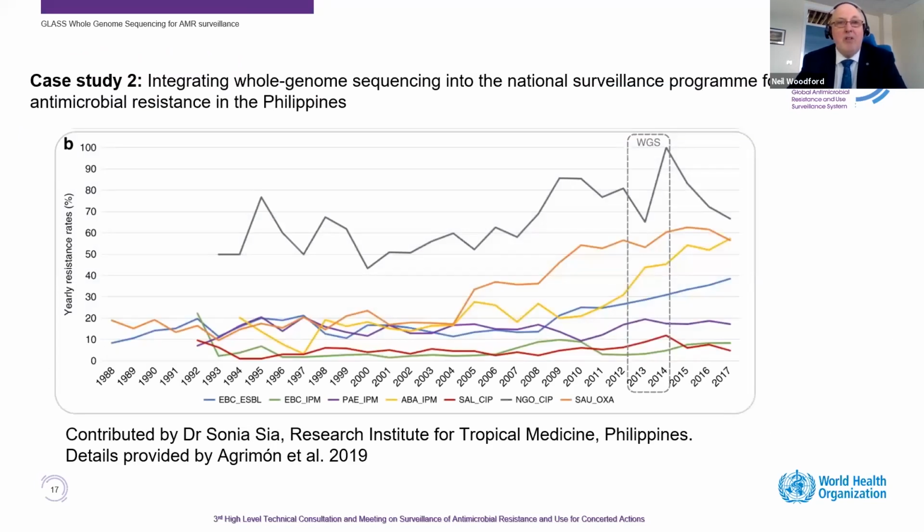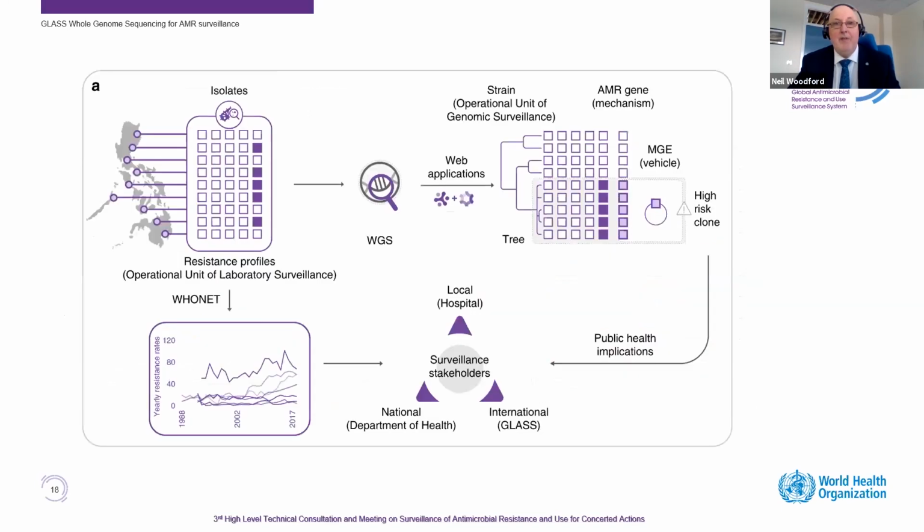This just shows one slide from colleagues in the Philippines, looking at how they introduced whole genome sequencing back in 2013, 2014 for monitoring the basis of resistance in a range of different organisms. This summarizes what they've been doing.